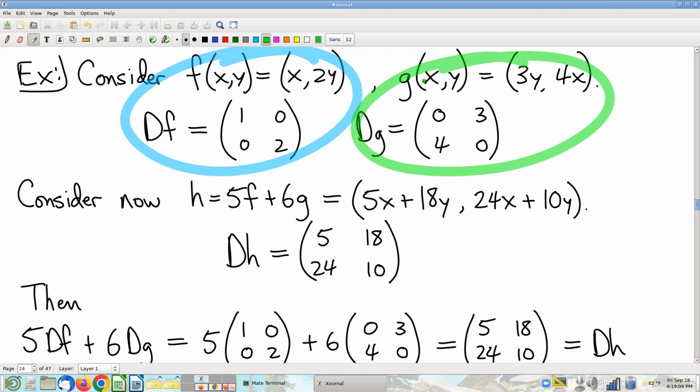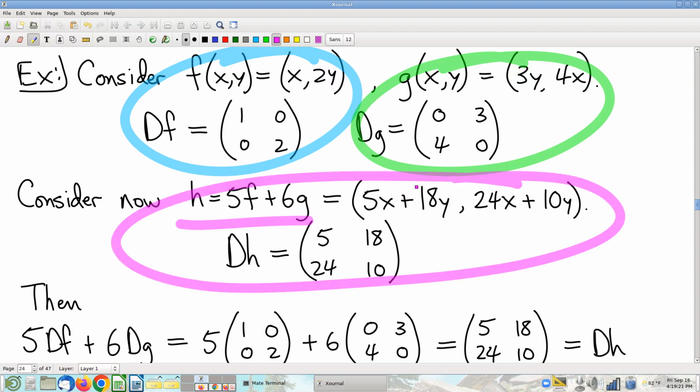The rows need to be rows, the columns need to be columns. It's easy to accidentally get that wrong. And you can talk about taking a linear combination of those, in which case you get this function that has that derivative. And good news, everything fits.